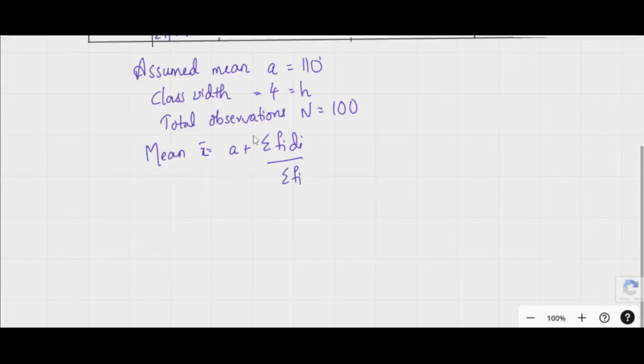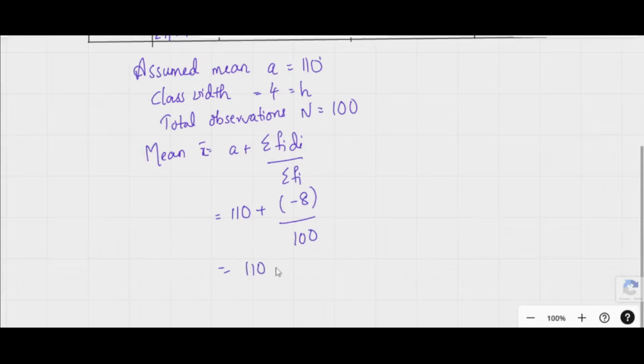Now let us solve our mean by the assumed mean method. So this is our formula, x bar equal to a plus sigma fi di by sigma fi. We know our a is 110, our sigma fi di we got as minus 8, and sigma fi will be our total number of observations, that is 100.